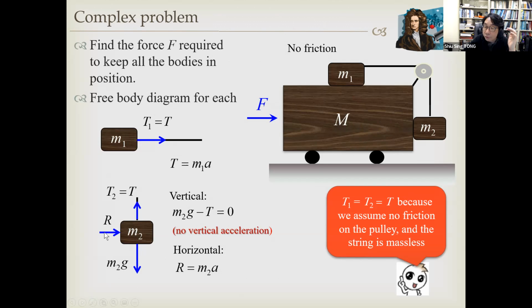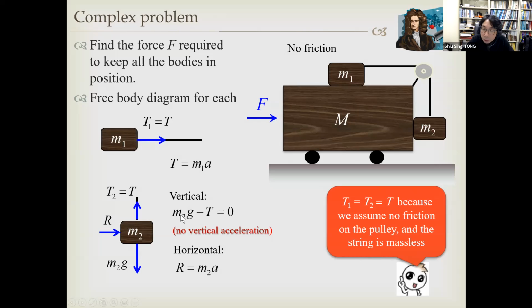And I call the pushing force from the trolley R. Now I know that the tension from the string T2 is equal to T1 because the pulley is frictionless and the pulley is very light. So I suppose the tension to be the same throughout the whole string. And so T1 and T2 are both equal to T.